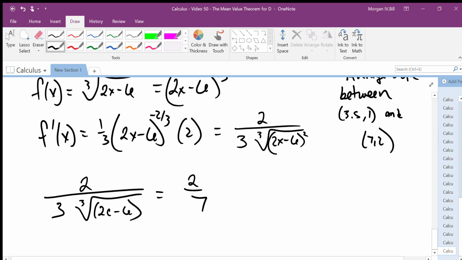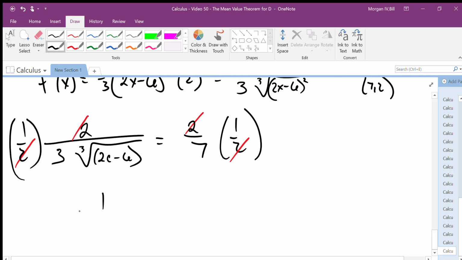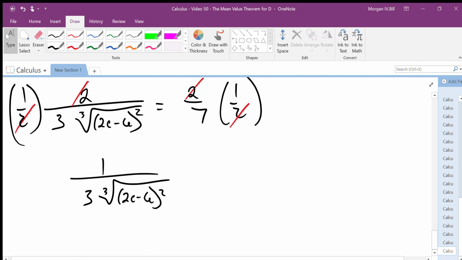They both have a 2 in the numerator, so we can divide both sides by 2 first. Cancel the 2s. So now I have 1 over 3 times the cubed root of 2c minus 6, squared. I lost the squared up here, didn't I? Sure did. Is equal to 1/7.